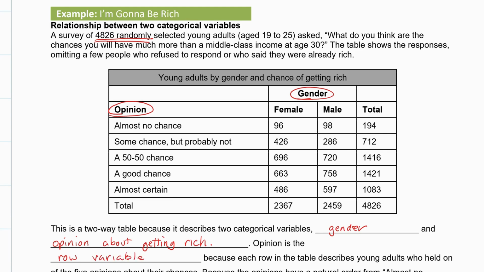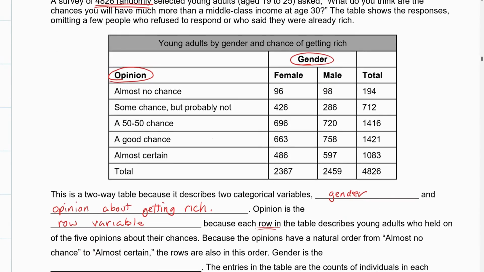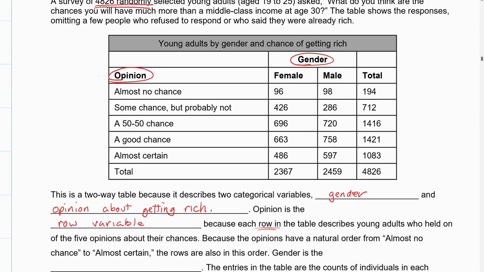And we call it a row variable because each row in the table describes the different opinions. Now, this set of categories have a natural progression from most pessimistic to most optimistic. And because it has that progression, they put them in that order. Gender is referred to as, you may have guessed it, the column variable.